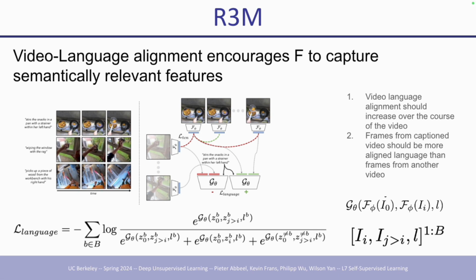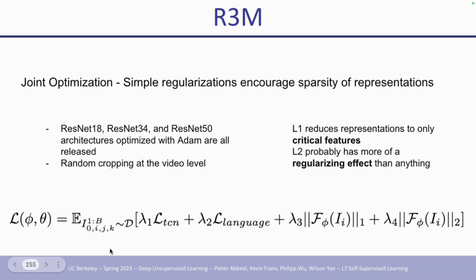As well, the language should match with the current video, but should be far away from other different videos. And again, we can apply a contrastive-like objective to achieve that. Then we just throw all those terms together in our loss, and then we apply some regularization as well. There's an L1 and L2 regularization to encourage some types of sparsity.